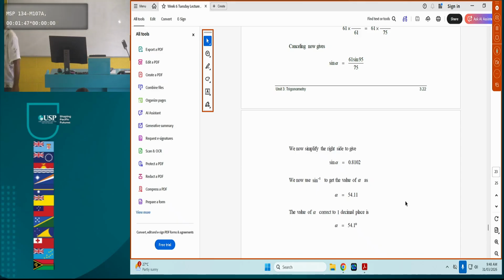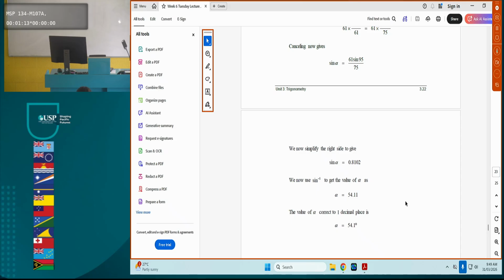Now, if it is up to me, I don't like what we've done here because we rounded this off. So what I can do is take the sine function across straight away.